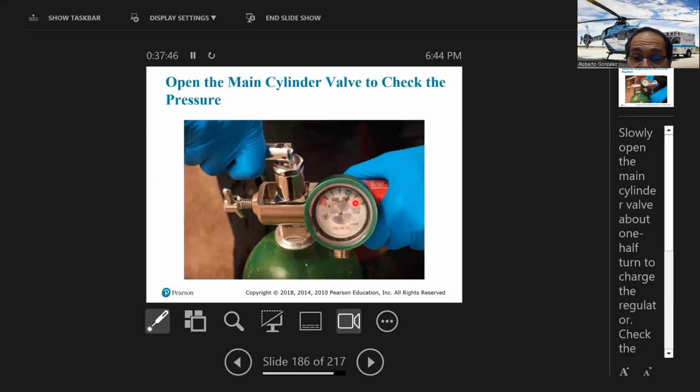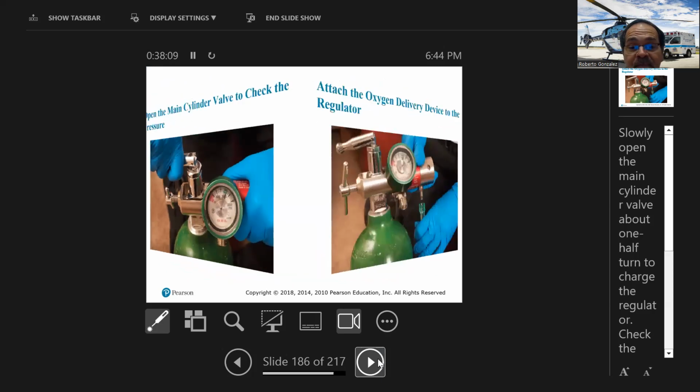Now, how much does it have right here? 2,000. Yeah, it's about 2,000. And look at this right over here. You get to about 500 and they're already telling you to refill it. That's a safe residual volume.